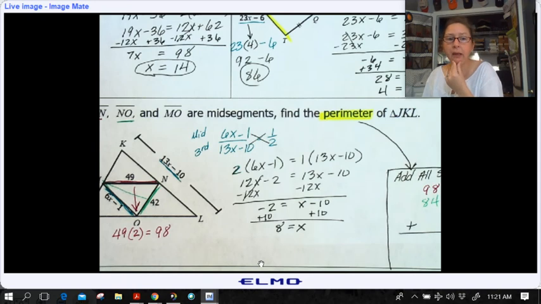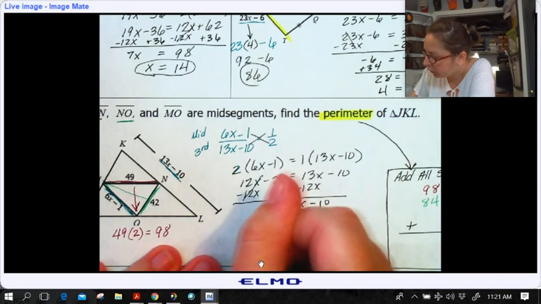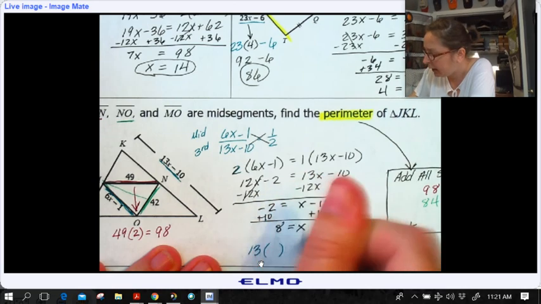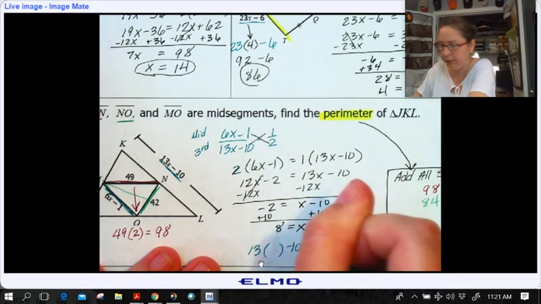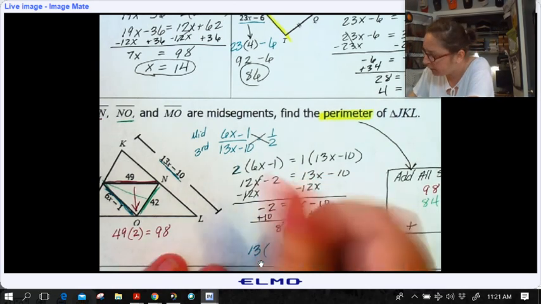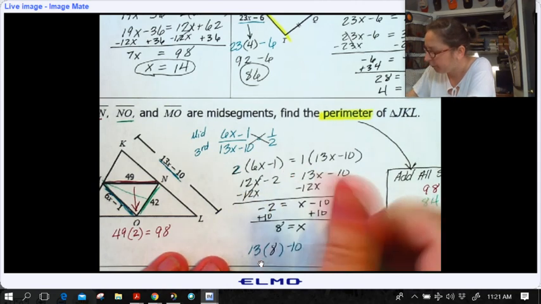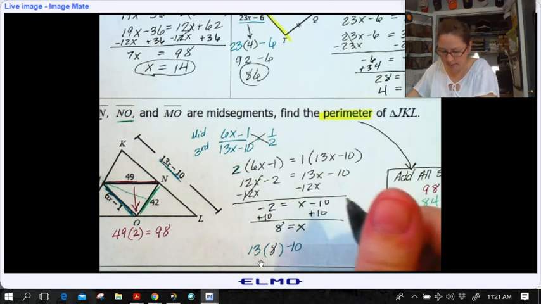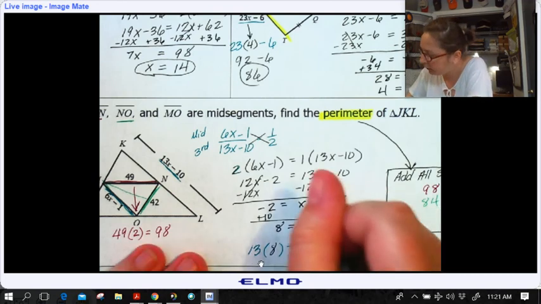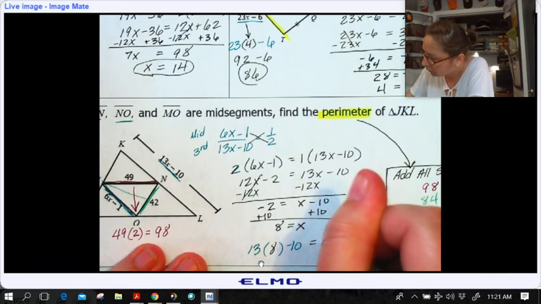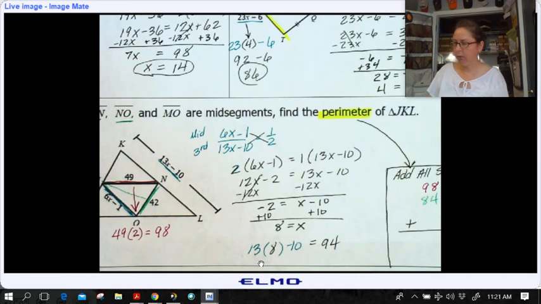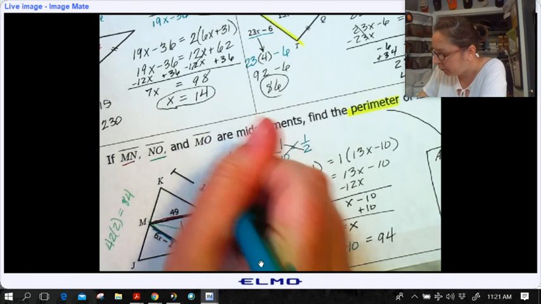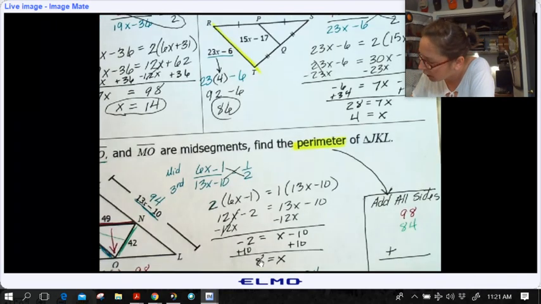So I need to find the third side of this triangle. 13x minus 10. Now I know x is 8. Okay. 13 times 8 minus 10 is 94. So this side equals 94. And I showed the work for it right here.